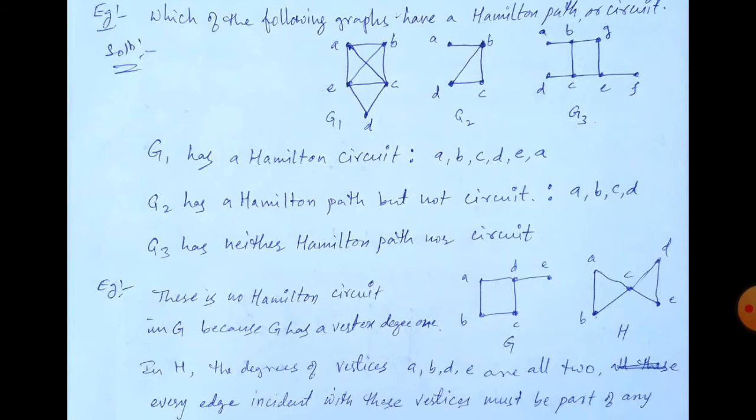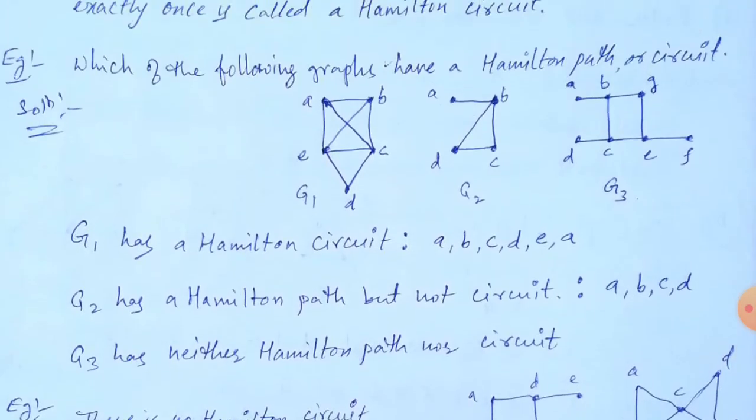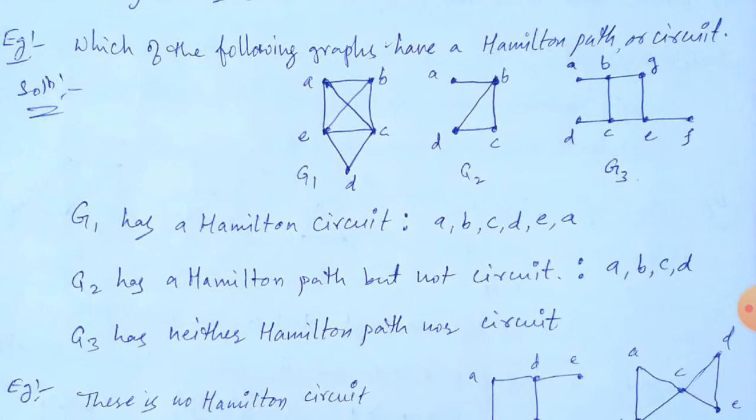Now G3 has neither Hamiltonian path nor circuit. Observe G3. Okay, so path is not there, of course. Circuit is also not there. If you go A to B, B to C, C to D, then we can stop here only.